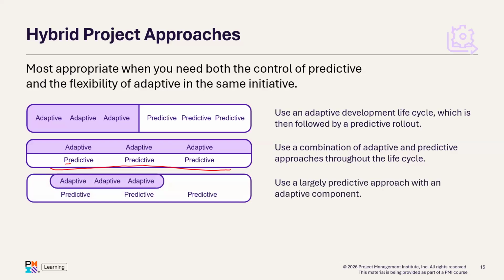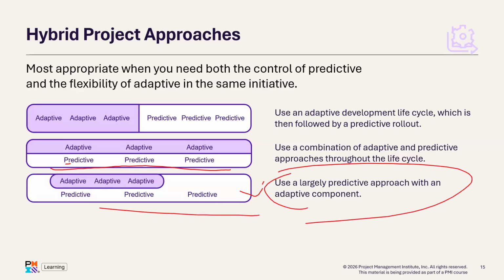Then we have largely predictive with adaptive components. Who can explain the scenario or situations under which this hybrid approach will be useful? Fafa. Under what circumstance will you use this hybrid model?